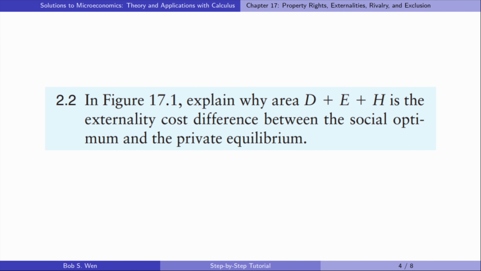Let's solve exercise 2.2. In figure 17.1, explain why area D plus E plus H is the externality cost difference between the social optimum and the private equilibrium.